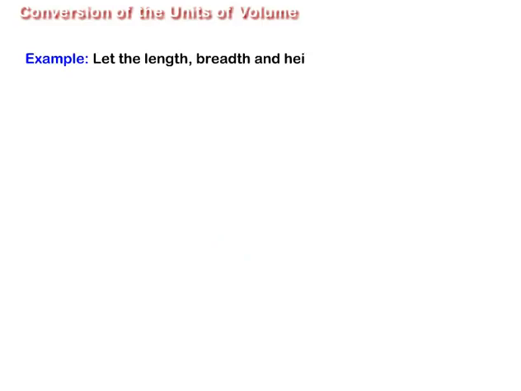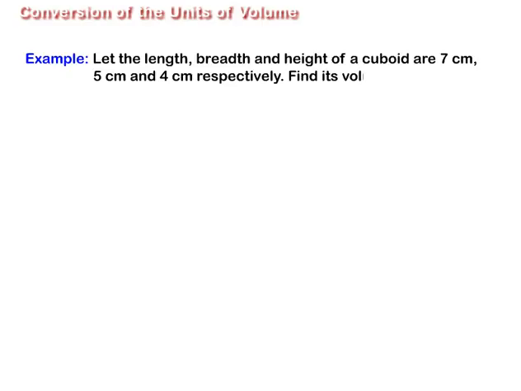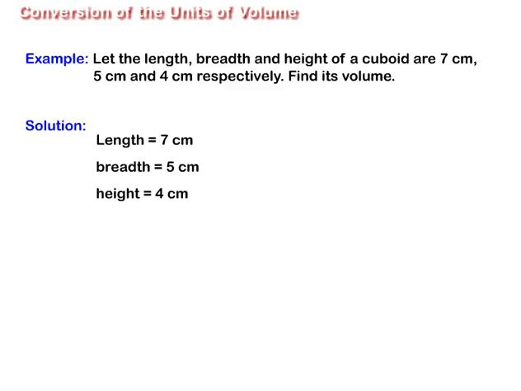Let the length, breadth and height of a cuboid be 7 cm, 5 cm and 4 cm respectively. Find its volume. Here length is equal to 7 cm, breadth is equal to 5 cm, height is equal to 4 cm.